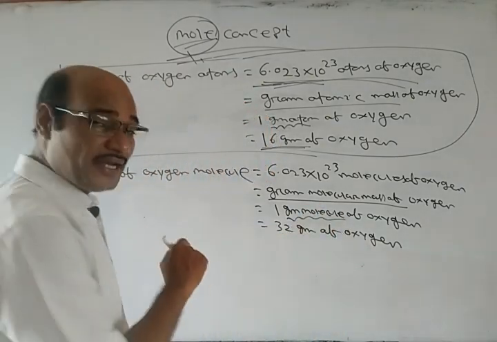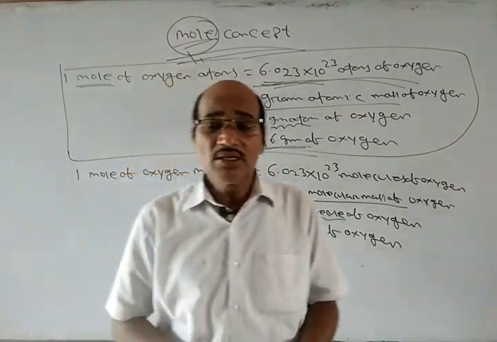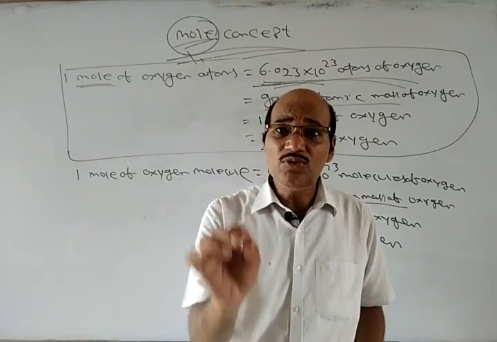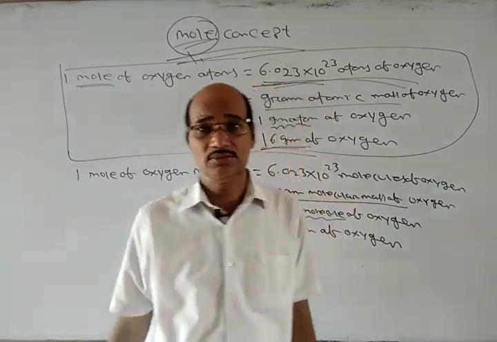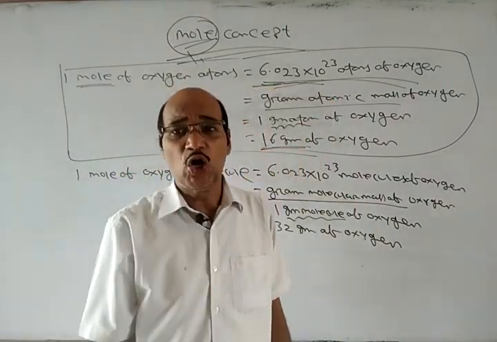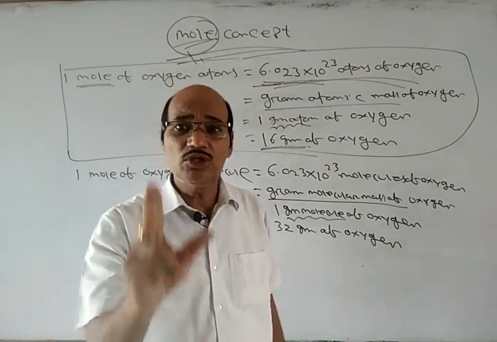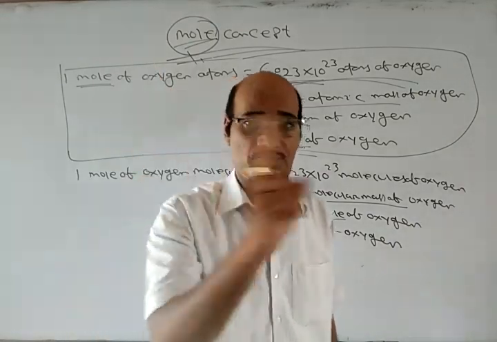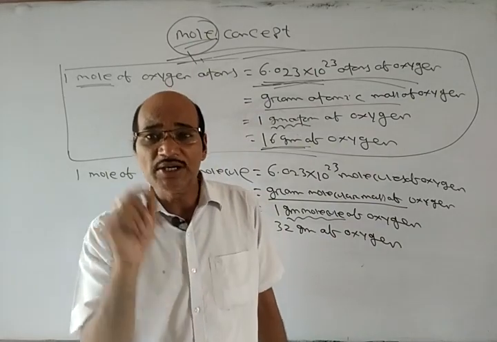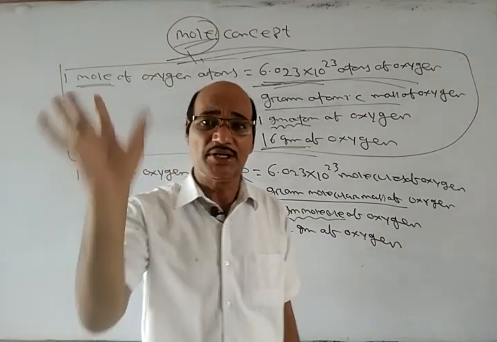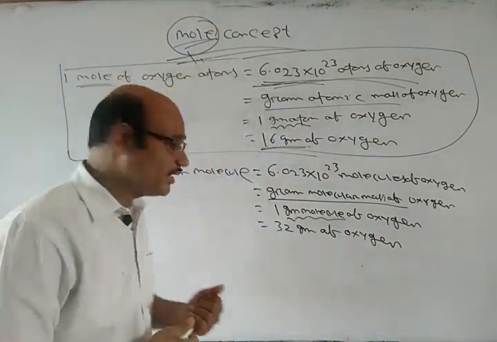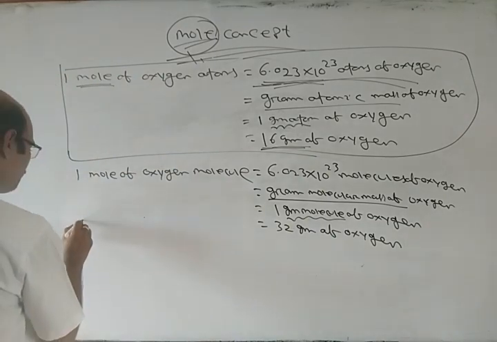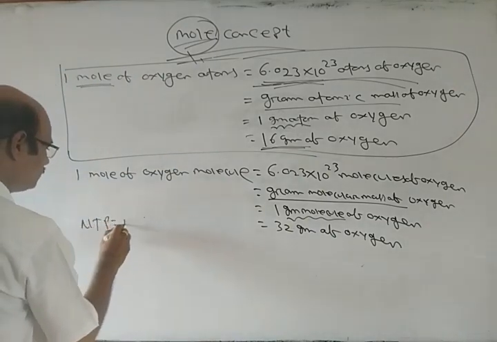Okay. Now again, gram molecular mass of every gas at NTP occupies a volume of 22.4 liter, equal to 22,400 milliliter, right? So NTP means what?